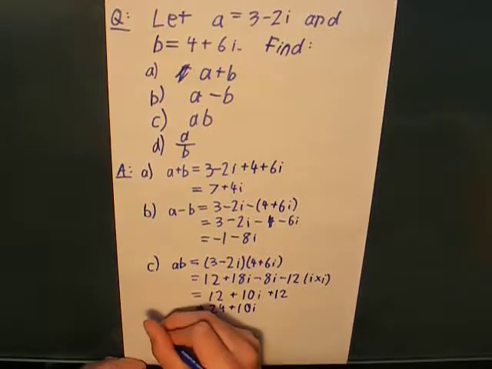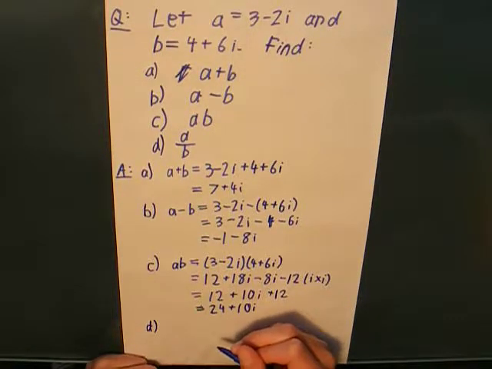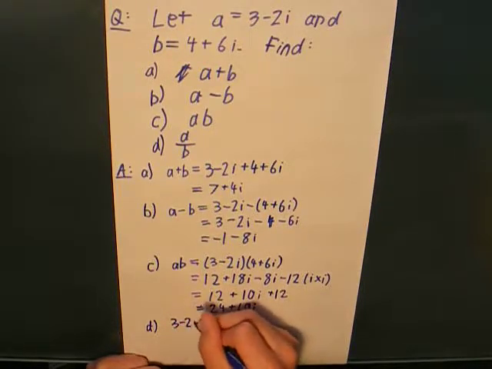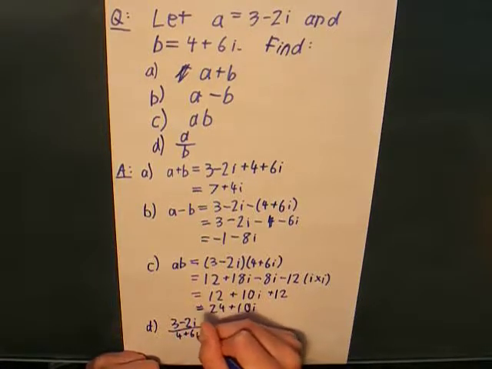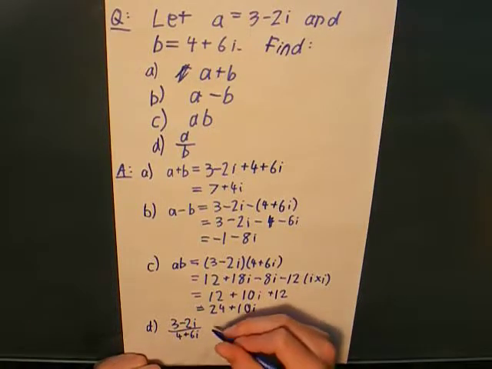Okay, so moving on to part D. I've got A over B, so 3 minus 2i over 4 plus 6i. What I'm going to do here is multiply the numerator and the denominator by the complex conjugate of the denominator.